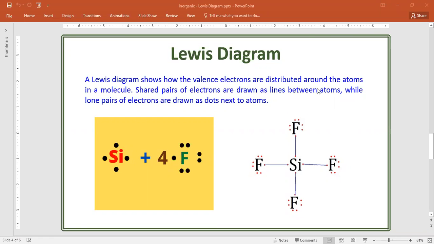Now, as per the octet rule, let us check each fluorine for the total number of electrons. Every fluorine already has 7 electrons, and if you include the electron that participated in the bond, the total number of electrons now is 8.